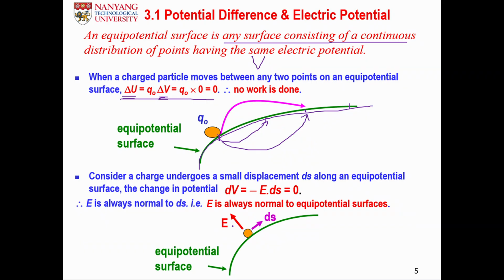Along the surface, this is the ds, and E is perpendicular to it. Or another way to say it, for an equipotential surface, at any point, the electric field E is always along the surface normal. Only in this condition is E dot ds always 0, and delta V always 0.